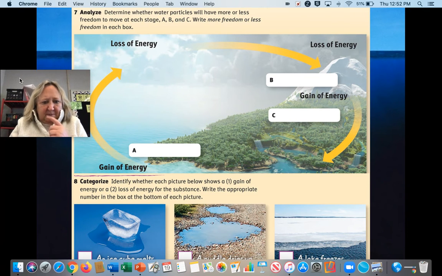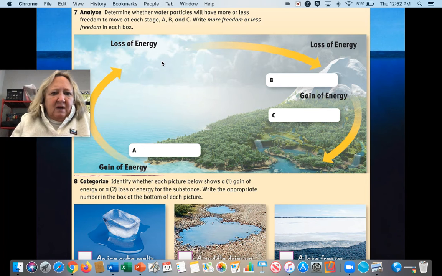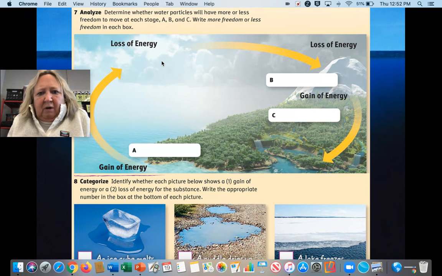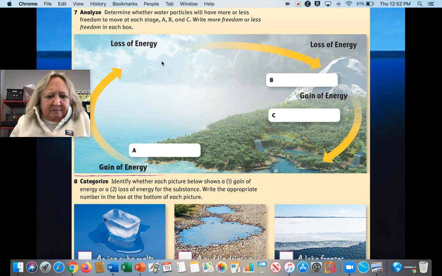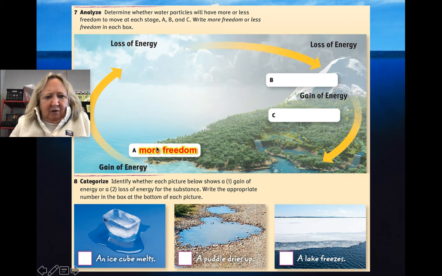Okay, we'll look at this picture and then we'll be done for today. It says determine whether water particles will have more or less freedom to move at each stage, more or less in each box. Well, let's just look at these. Down here, we're gaining energy. So are they going to have more freedom or less? They're going to have more because they're gaining energy.